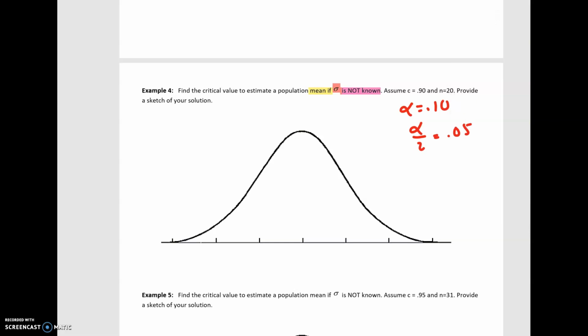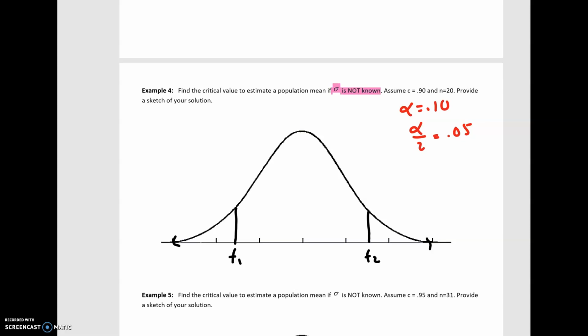Now, as we partition the distribution, you're going to have a t1 and a t2. This is because when sigma is not known, your distribution is bell shaped, but it's a specific type of bell shape. It's just called the t distribution.